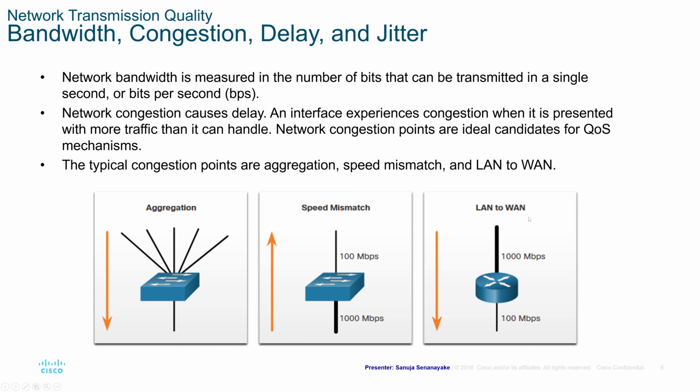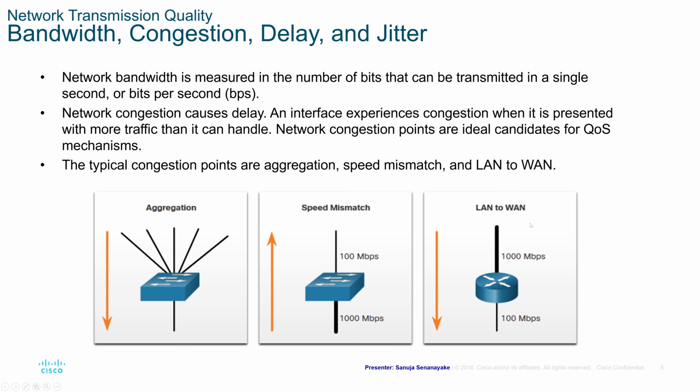The LAN to WAN situation is very common in homes, small businesses, and even some large offices. Imagine you have a router, like an edge router, that is connected to the internet. The internet is the WAN, right? Your internet speed is most likely going to be slower than your internal network, unless you have fiber to the home or fiber to the site.